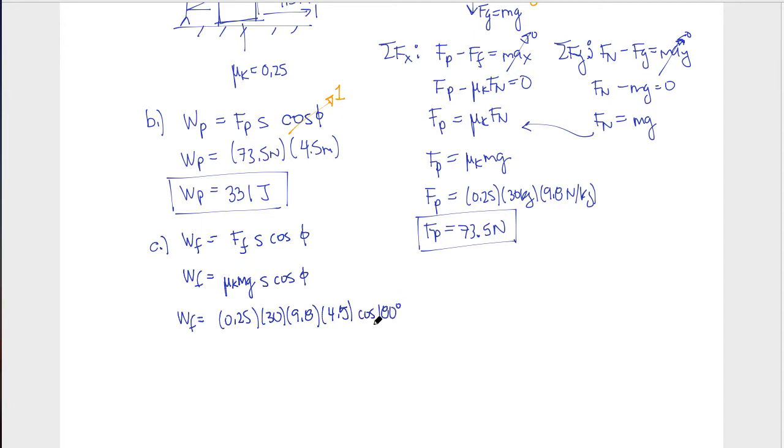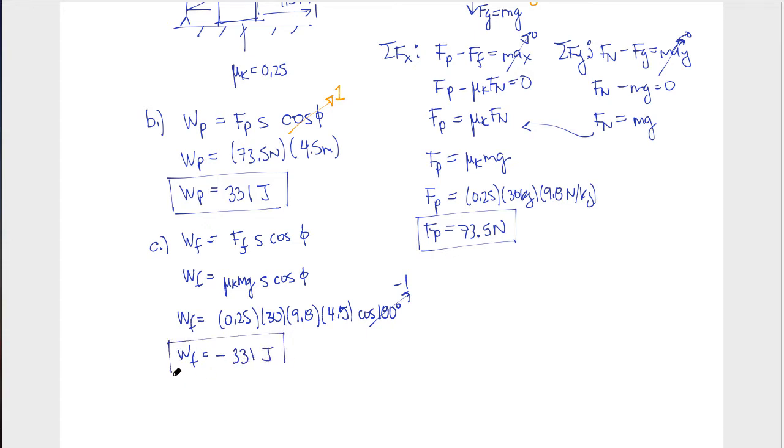So this right here is -1. So the work done by friction will be negative 73.5 joules. Oh, pardon me. That's times 4.5. So in fact, that would be negative 331 joules.